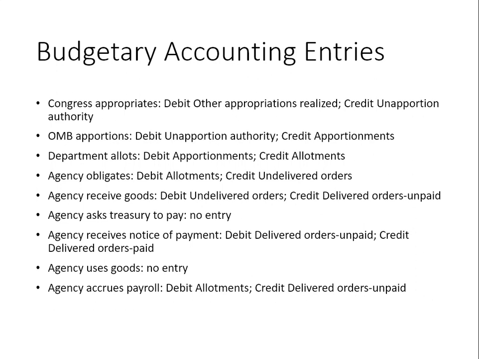So basically, with all these entries, we can get a few important ideas. First, what is the total appropriations? And among those appropriations, how many have been obligated and used, and how many are unobligated, unused?